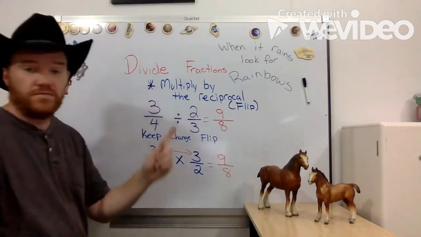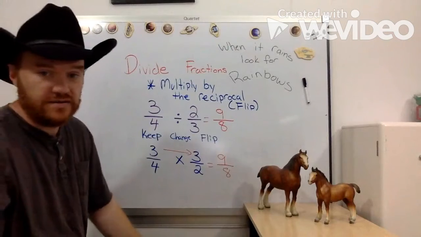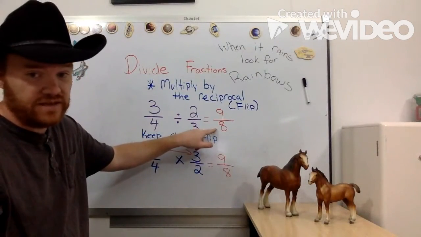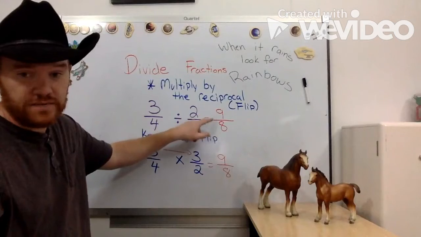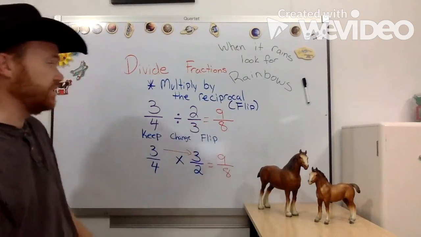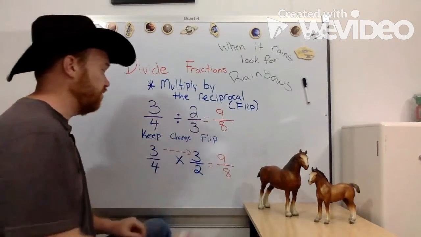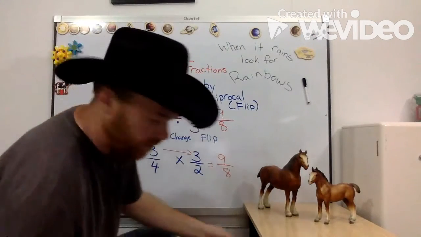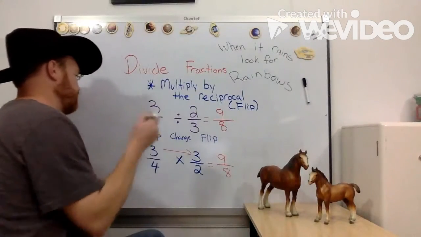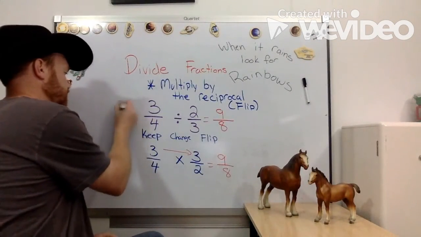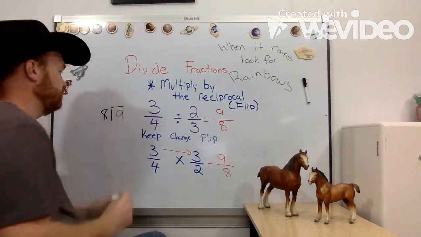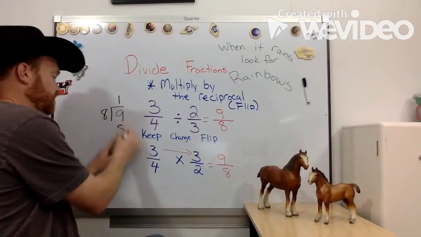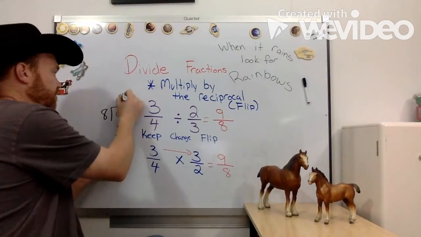9/8. Now, I'm not totally done yet, because I look at 9/8 and I say to myself, that's an improper fraction. I can make that a little bit easier to read. So I go ahead and change the improper. I take my 9 and divide by 8. 8 goes into 9 one time, 1 times 8, I have a remainder of 1.